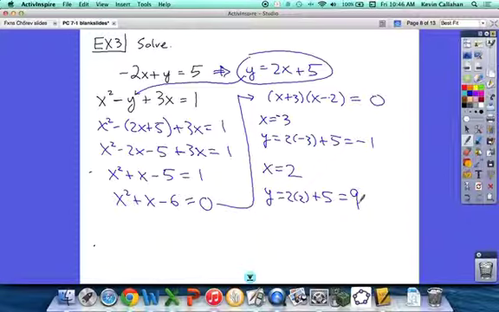Since x and y are two dimensions, we could say this is negative 3, negative 1. This one is 2, 9. This first one is a straight line. The second one is a parabola, so the line is crossing the parabola in 2 spots.